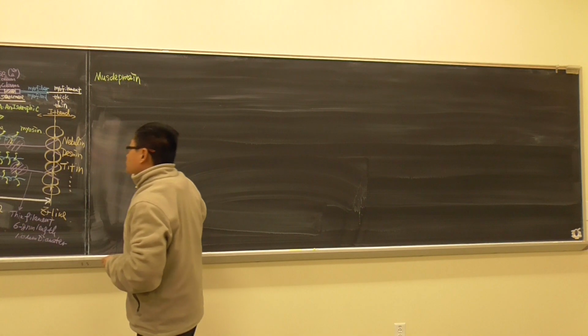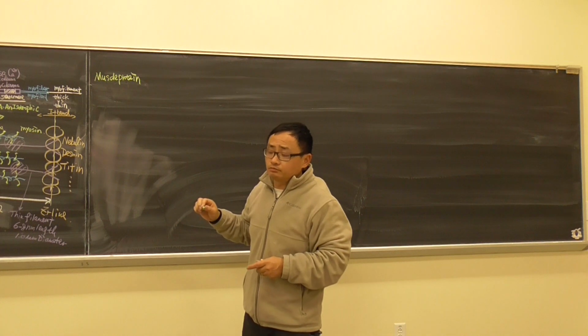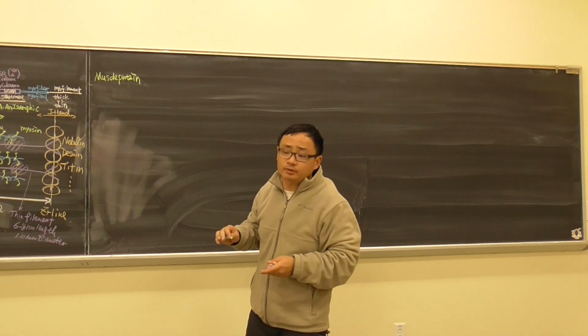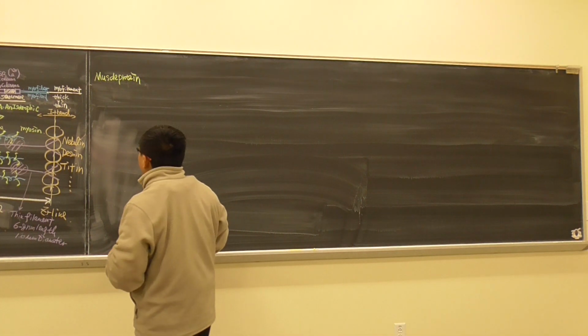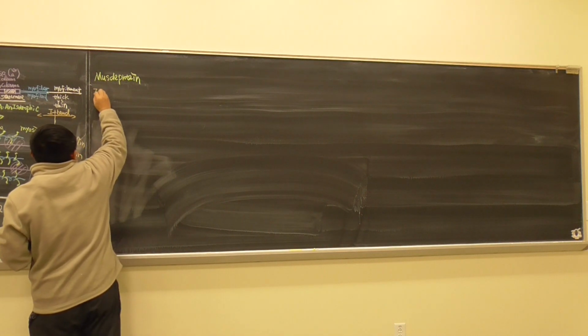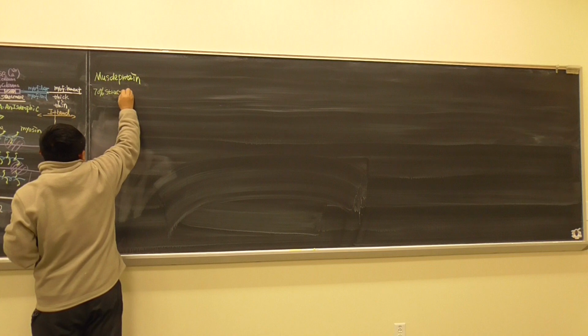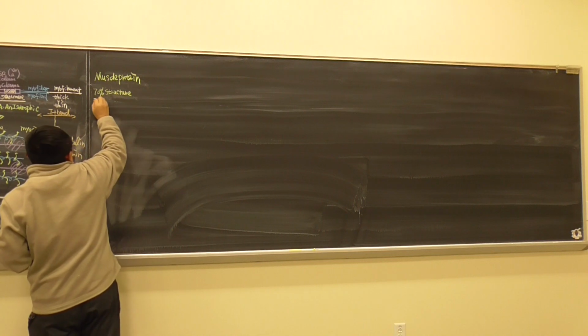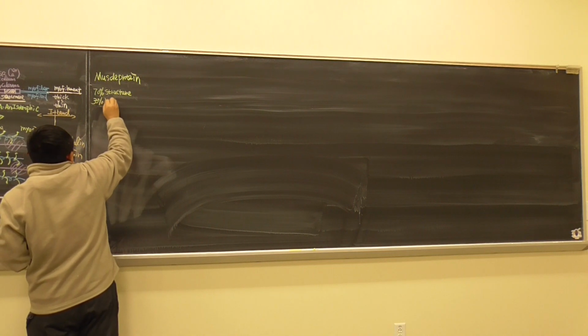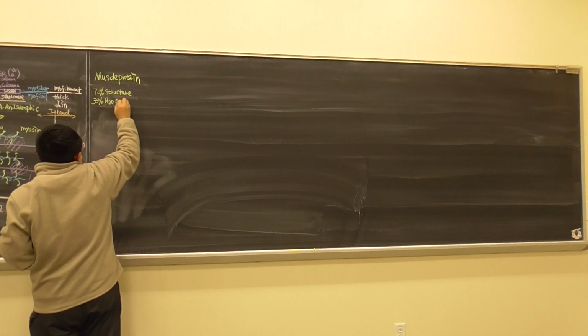It is very interesting when you talk about a muscle. The majority of it is actually protein, but there are different categories. 70% is structural protein. 30% is water soluble.